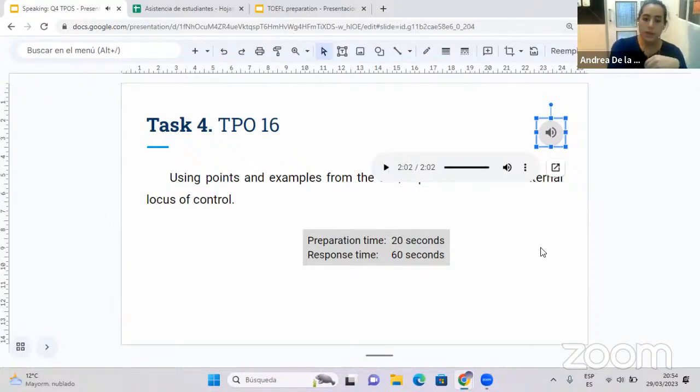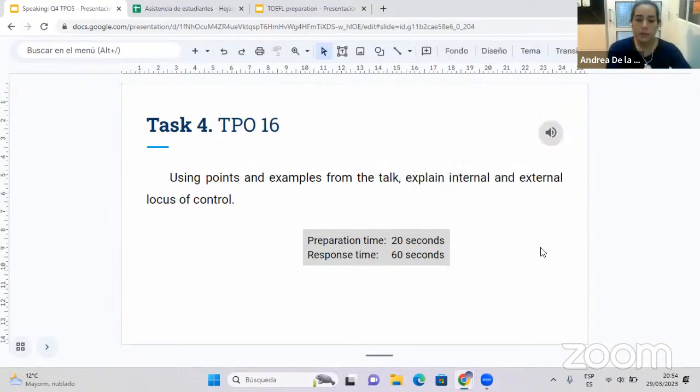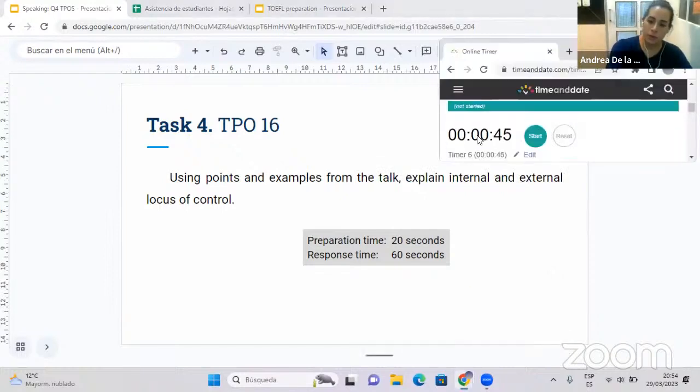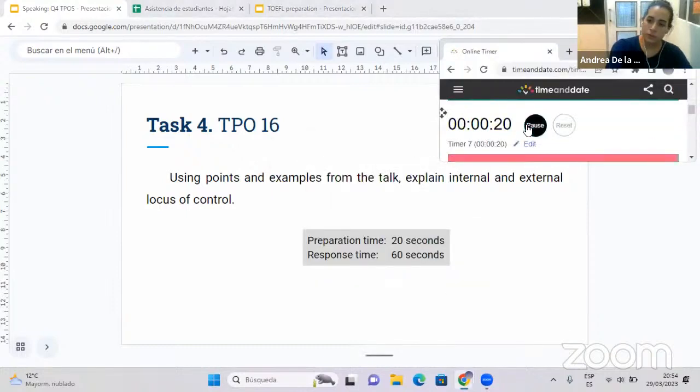Okay, guys, so this question says, using points and examples from the talk, explain internal and external locus of control. You'll now have 20 seconds to prepare your responses. Okay, who wants to try?